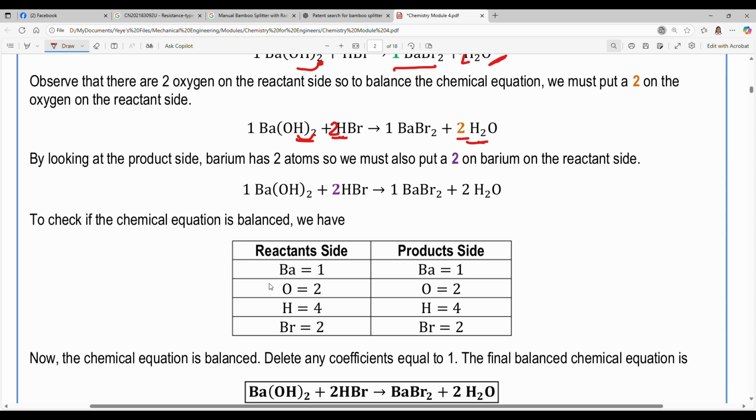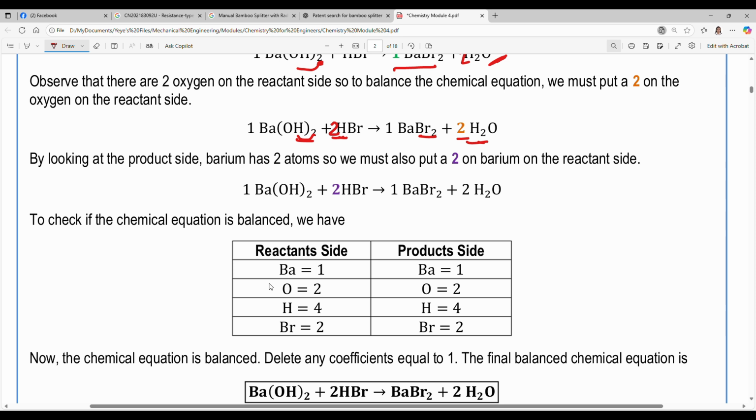Okay, then for the bromine, 2 times bromine 2, so 2 also. So the equation is now balanced, no. It will take 1 mole of barium hydroxide to react with 2 moles of hydrobromic acid to produce 1 mole of barium bromide and 2 moles of water.